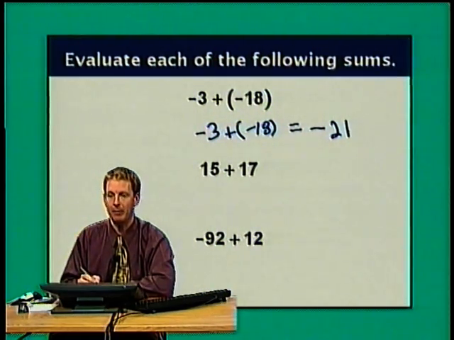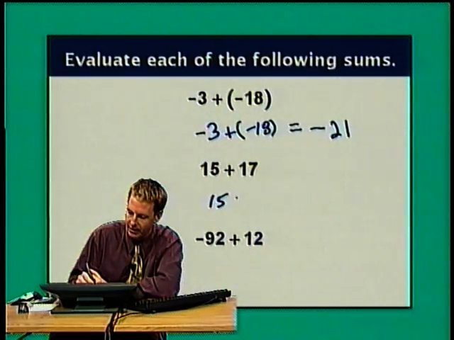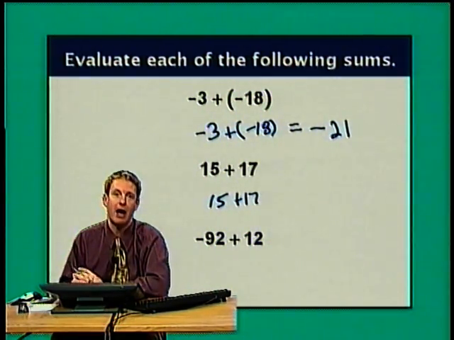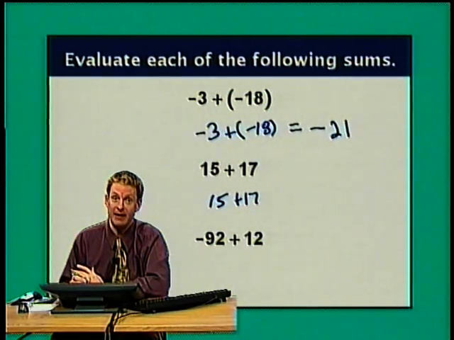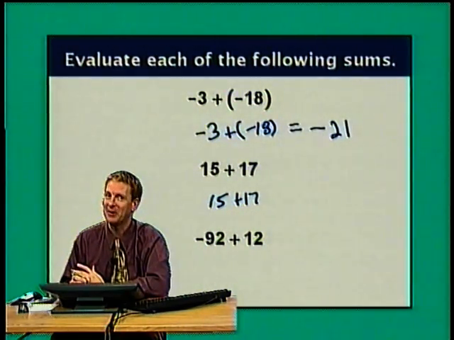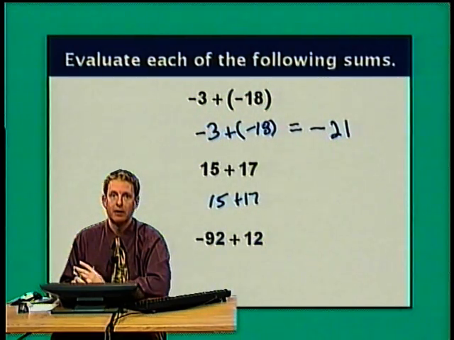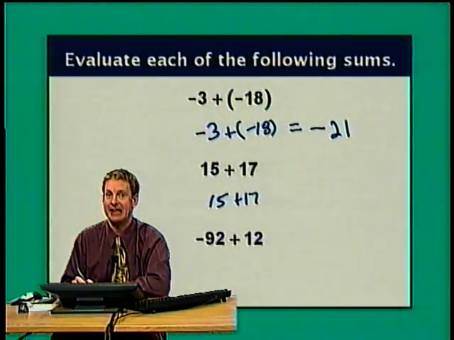In my next example, I'm being asked to evaluate 15 plus 17. Now you might be thinking, I don't need no rules to add 15 and 17. You're right, at least I hope you're right, but I want to show that the rules do apply nonetheless. 15 and 17 are both positive. When the two numbers have the same sign, the sign on the sum is the same as the sign on the numbers in the sum.